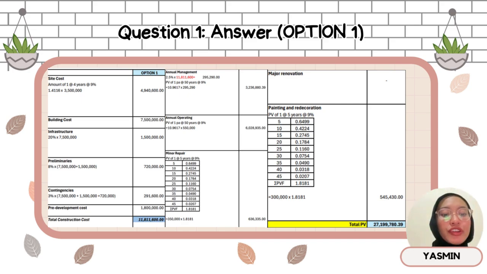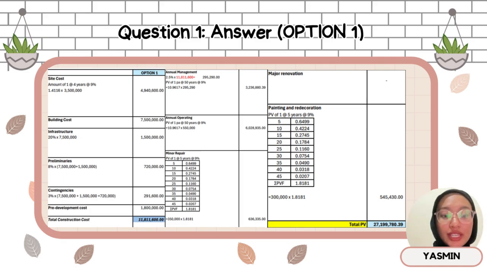Now, for the annual management, we will use 2.5% multiplied by the total construction cost, and then we will get 295,290, which we will multiply with PV of 1 per annum at 50 years at 9%. According to the valuation table, we will get 10.9617. Multiplying with the amount just now, we will get 3.23 million.